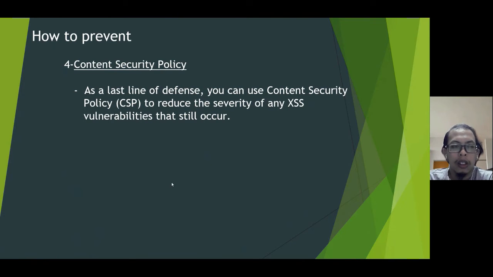And lastly, content security policy is a critical part as a last line of defense. You can use content security policy to reduce the severity of any cross-site scripting vulnerabilities that still occur.